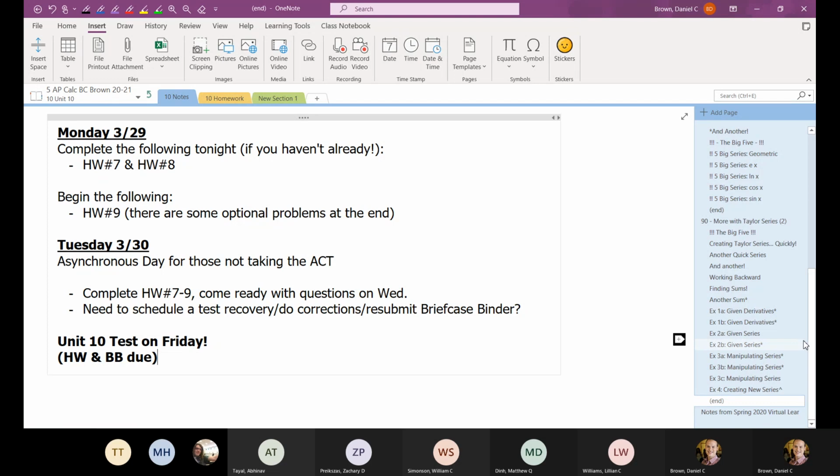So if you get stuck on a problem, the problems in homework 9 are in the same order as that last section of notes that we just did. Other than that though, that's basically it for series. Well, not it, there's a lot of series, but that's all that you need to know for series. But we will regroup on Wednesday to see where we're at.